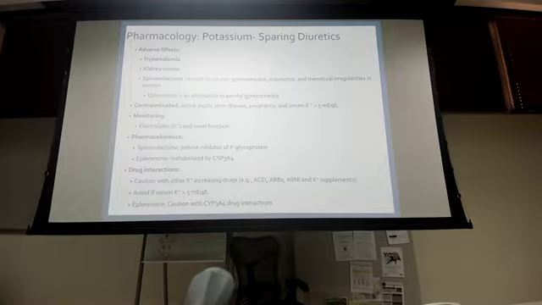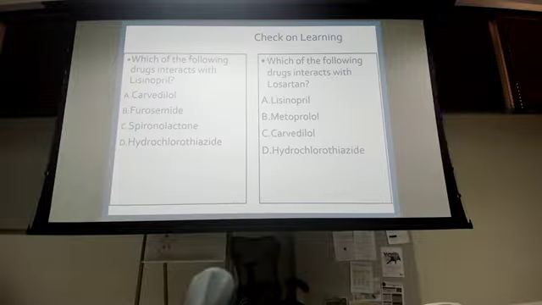And don't rule out potassium supplements. If you have somebody on any of these potassium-sparing drugs, ACE, ARB, ARNI, or an MRA, ask them about potassium supplements. Anything to decrease the risk of having hyperkalemia and arrhythmias.